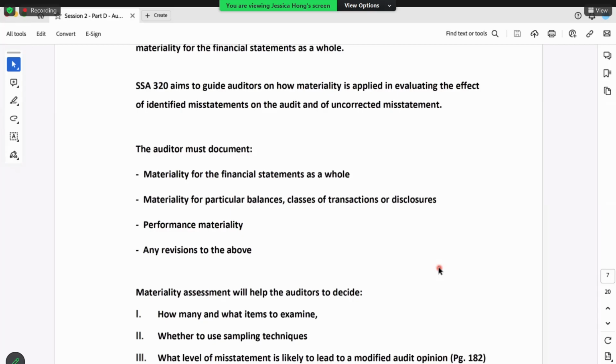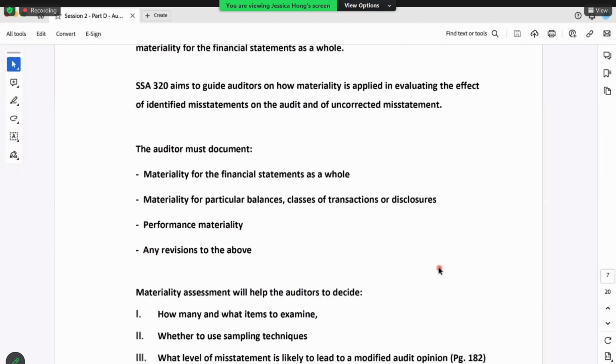Although I did mention that we set the materiality during audit planning, sometimes during the substantive audit testing, when they discover new information, it may suggest to the auditor that they need to revise the materiality. Just because we have set the materiality during audit planning doesn't mean that it doesn't change.